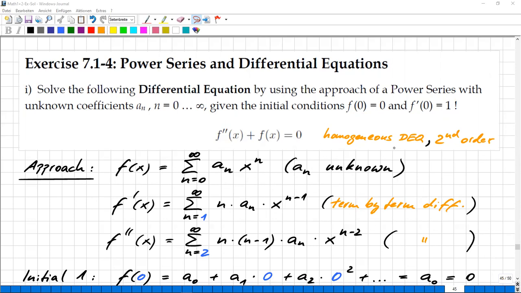Also, it's homogeneous. That's quite the same way of speaking as with systems of linear equations, as you remember. If the right-hand side is 0, in this case, we call this a homogeneous differential equation. And last but not least, it's also linear.